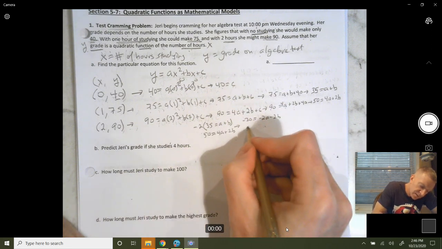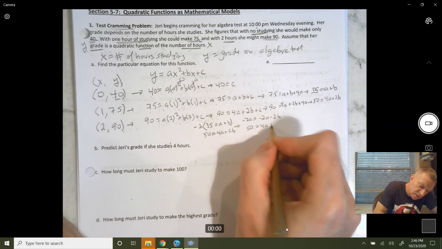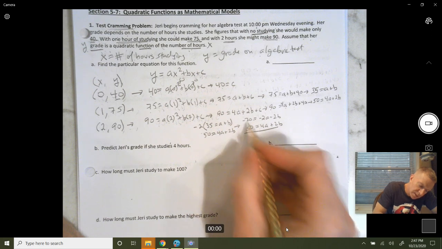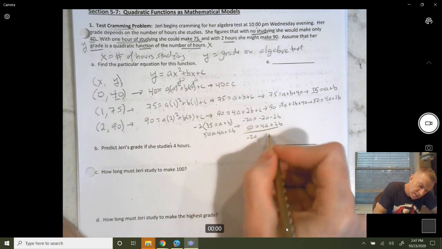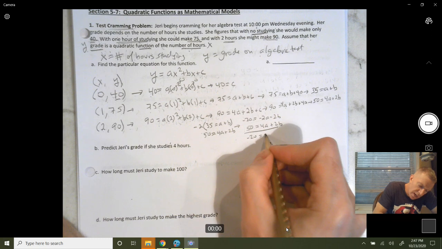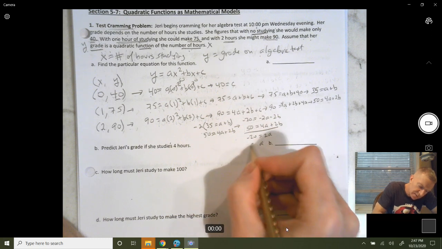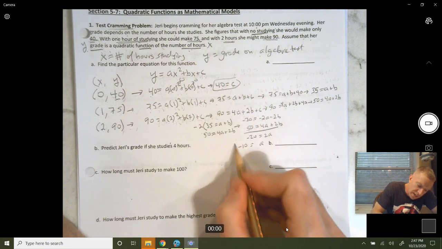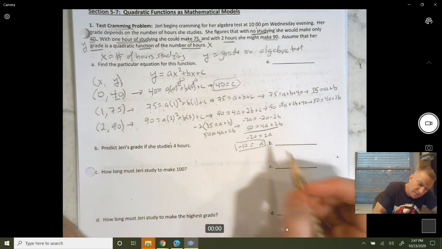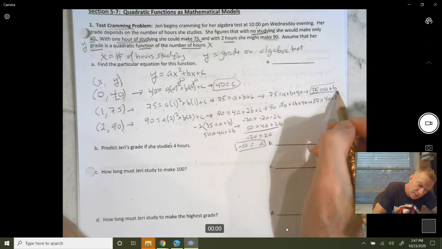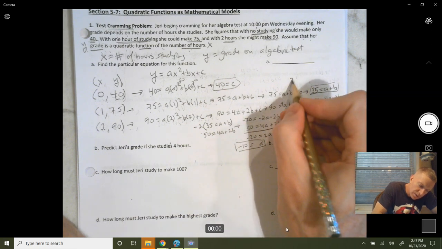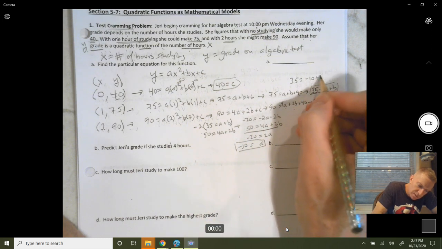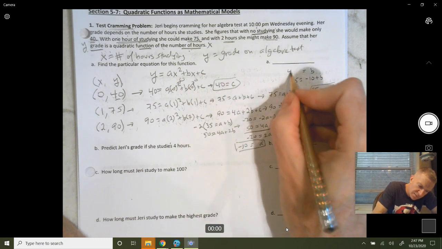And I've got 50 equals 4a plus 2b. Simplifying, I'm going to get 50 minus 70, negative 20 equals 2a. So a is going to equal negative 10. I already know that c equals 40, a equals negative 10, and I've got this equation over here, a plus b equals 35. So 35 equals negative 10 plus b. So b is going to equal 45.